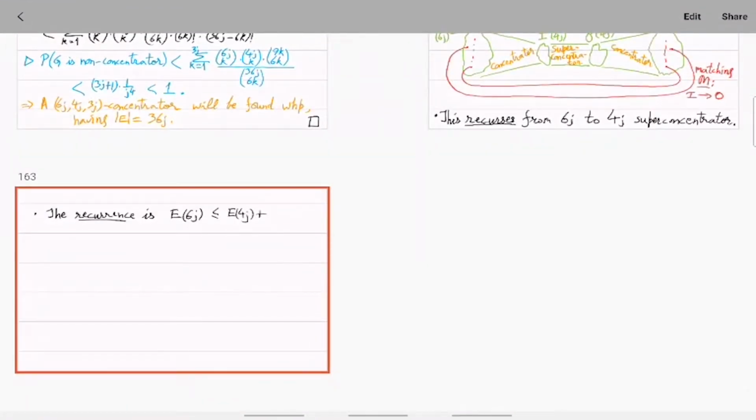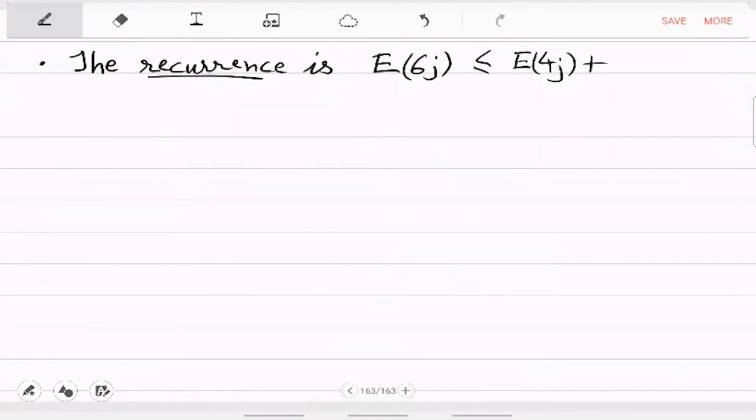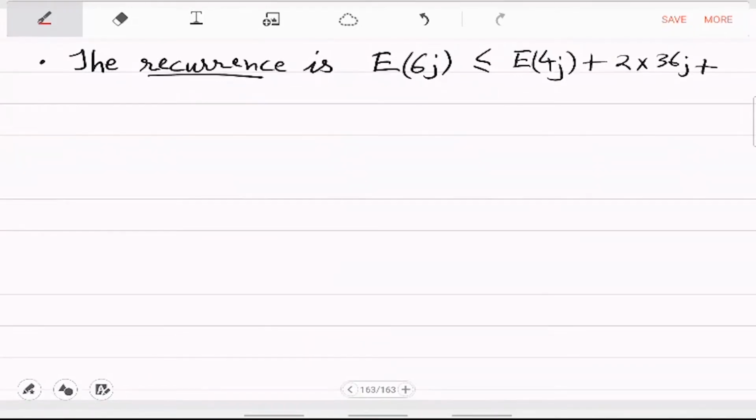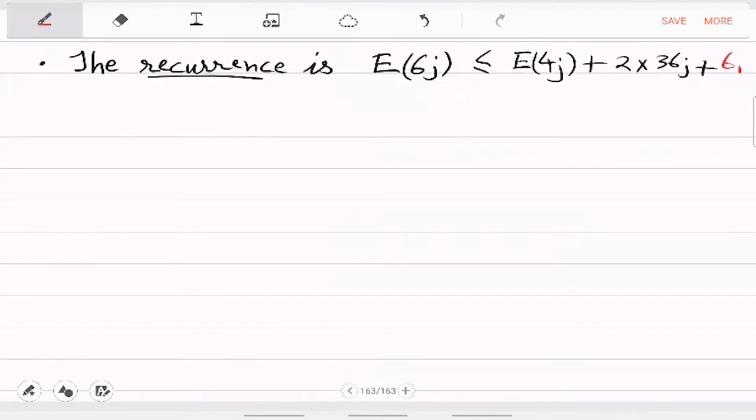The concentrator, right. So, that is 36J times 2, plus the matching ones, which will be another 6J. So, this is equal to 4J plus 78J.